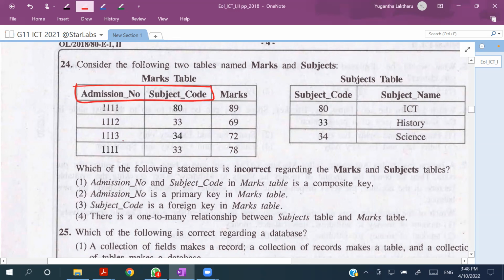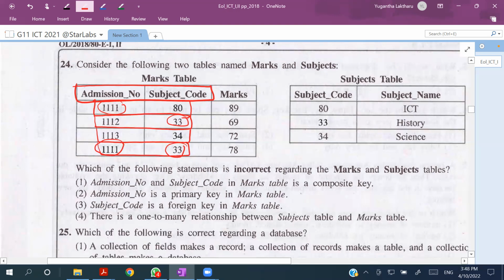So admission number alone cannot be a primary key for sure. And subject code alone cannot be a primary key, that is for sure as well. So if we consider those two things together, this provides us a unique value.